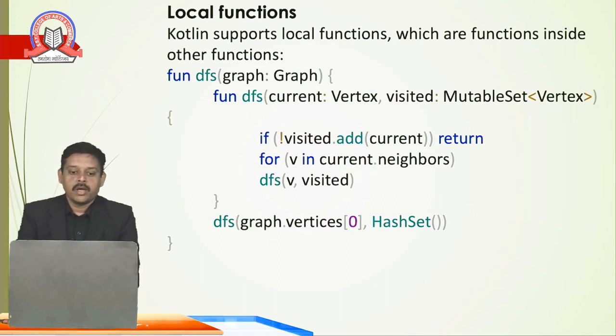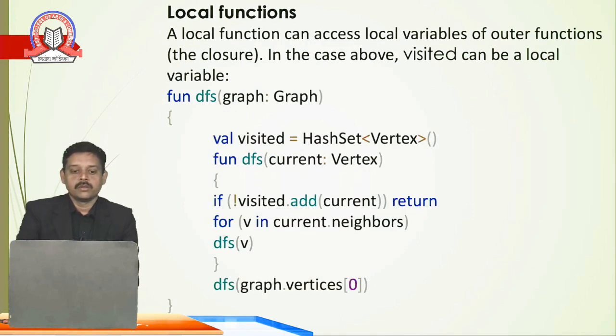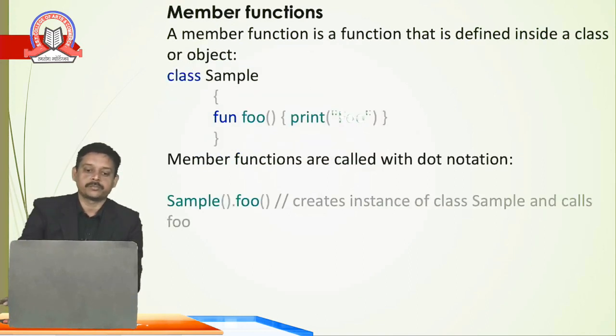And then as you can see at the last I have again used dfs graph.vertices, which has been used as a value for the main function or the previous function. In the same way, we can use this value throughout the program. So we are using the visited value throughout the program. So this is nothing but the scope of that particular function.